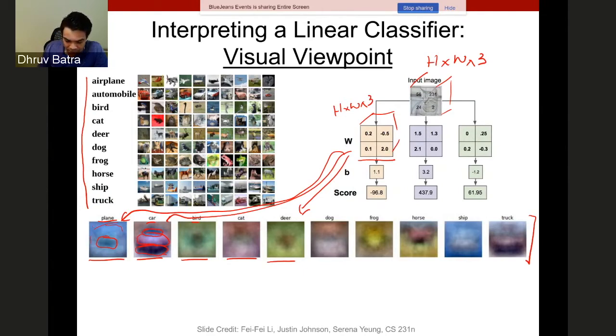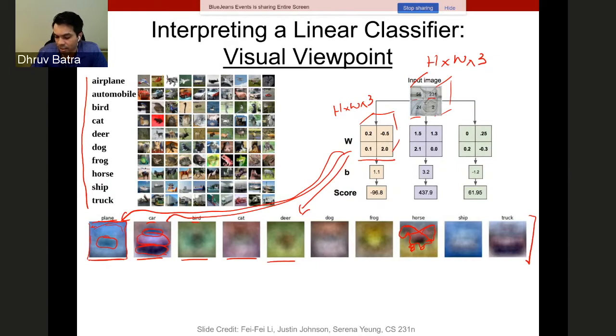Because this sort of intensity has to multiply the picture intensities, when things align is when you get a high score. So this is telling you what it's looking for, if you will, in these classes. If you look at the horse classifier visualization, I'm hallucinating a bit here, but there appear to be at least two head-like shapes in the horse classifier.